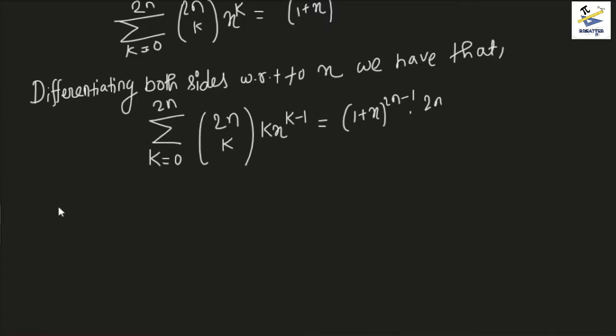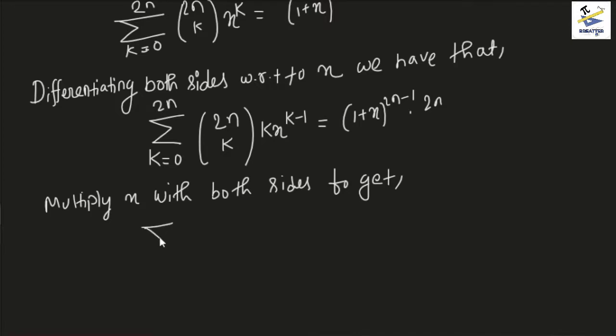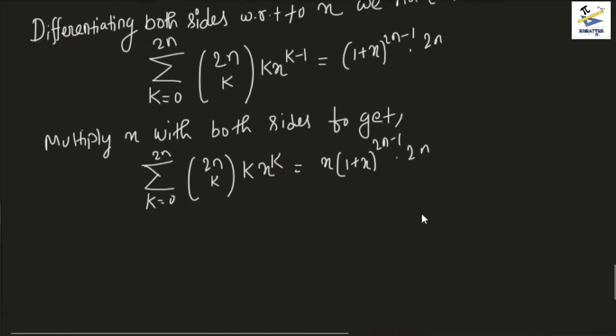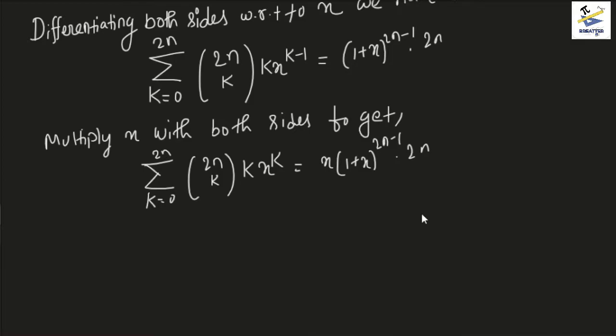Therefore, let me just write it down first and then I'll explain. So this is what we get, and we are doing it because if you observe carefully, we do have x to the power k again by multiplying x.